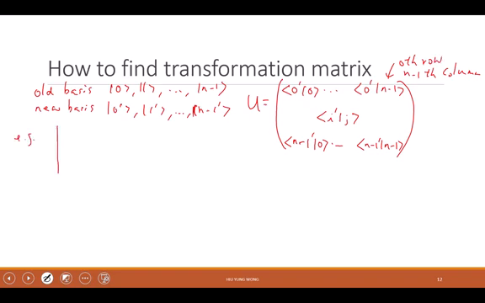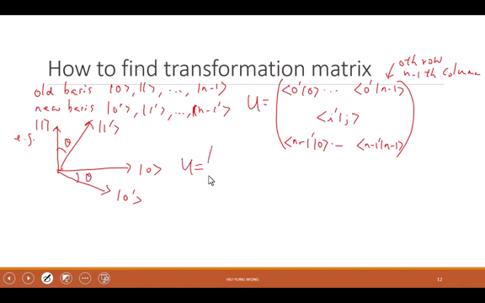0, 1, 0 dash theta, 1 dash theta. I rotate by theta, right? How do I transform the old one to the new one?